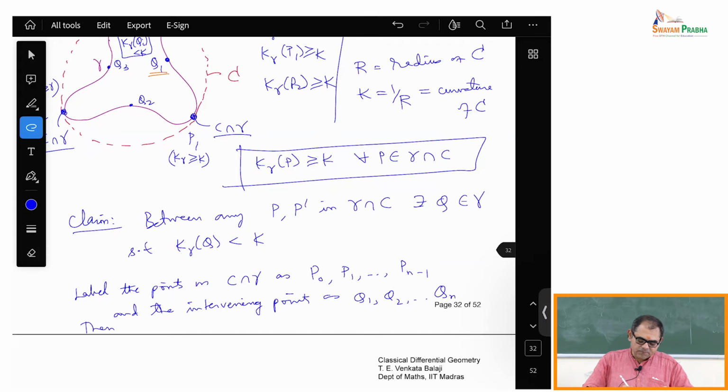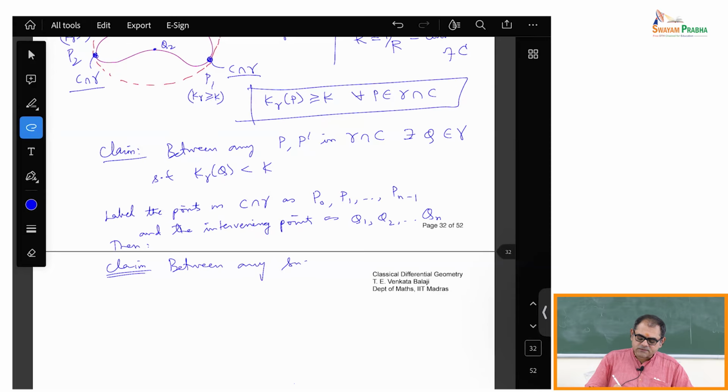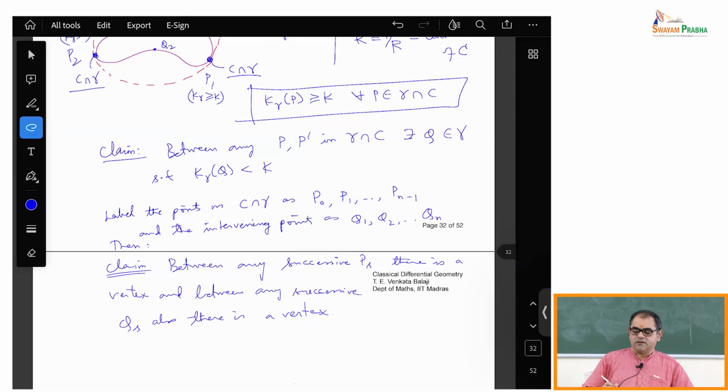Then the claim is between any successive P's there is a vertex, and between any successive Q's also there is a vertex, okay. Thus there are at least 2n vertices.